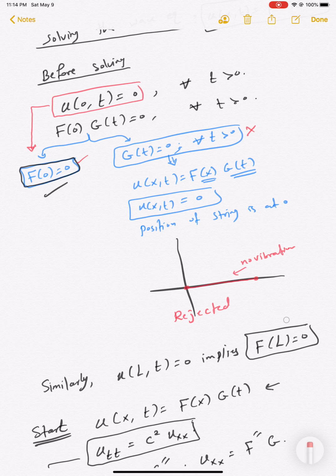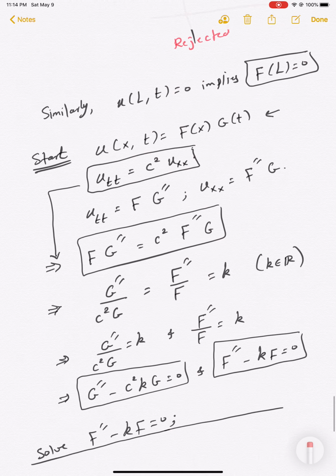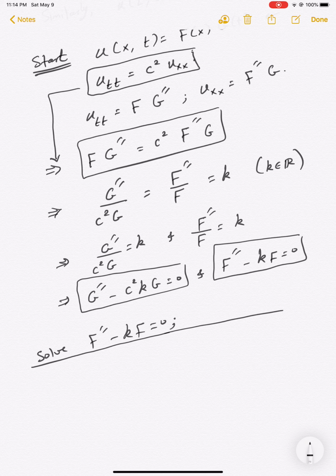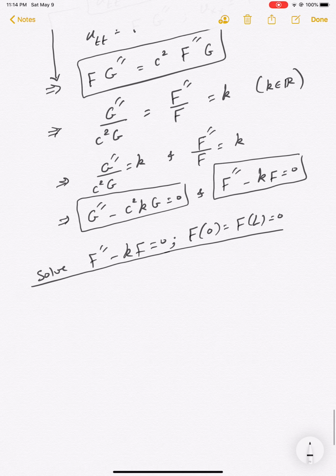So now I'm going to solve this equation, adding to it f of 0 equals f of L equals 0. So basically I'm solving not just an ordinary differential equation, I'm solving a boundary value problem. I'm having an ordinary differential equation together with two boundary conditions, and that will help me find the constants after finding the solution. So this is why we started by analyzing the conditions to have f of 0 and f of L equal 0.